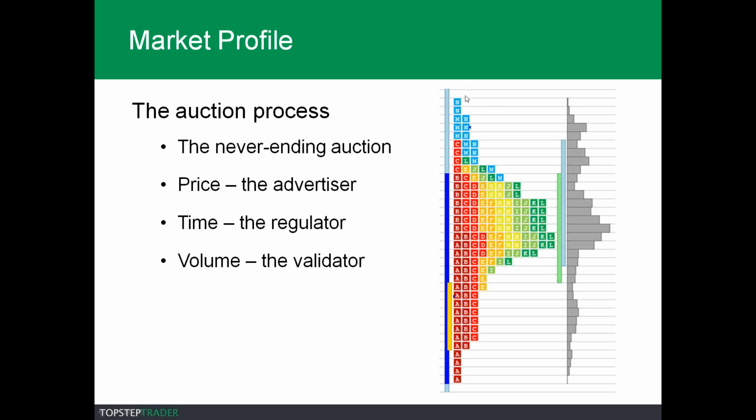You can see in this example here, I think you can see my pointer. Yes, we can. Here, we'll do a spotlight. You can see in that example, in this profile, how the market opens here, auctions lower, perhaps volume runs dry. You can see the lack of volume here.